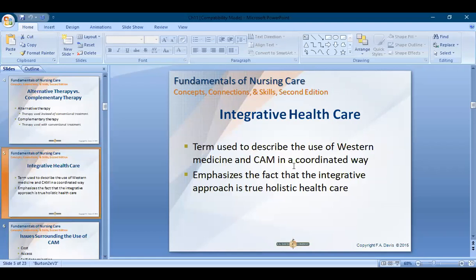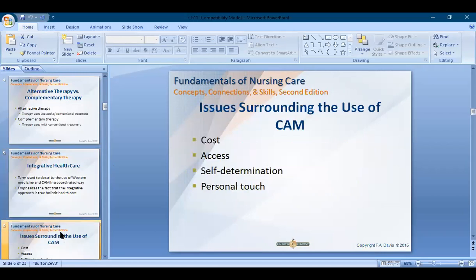Now, what is holistic healthcare? Holistic healthcare means healthcare that provides all the physical therapy, spiritual therapy, psychological therapy, all therapy together, basically holistic therapy.